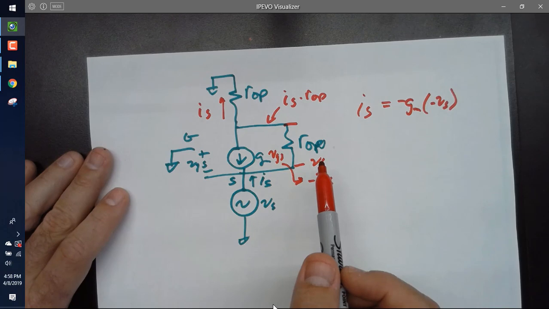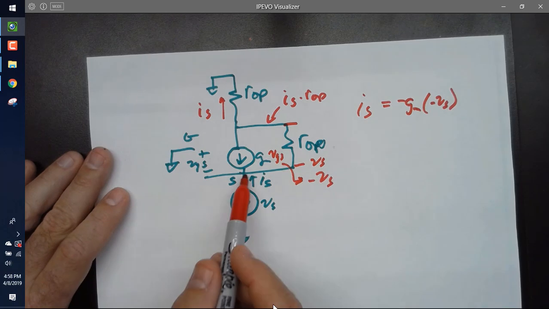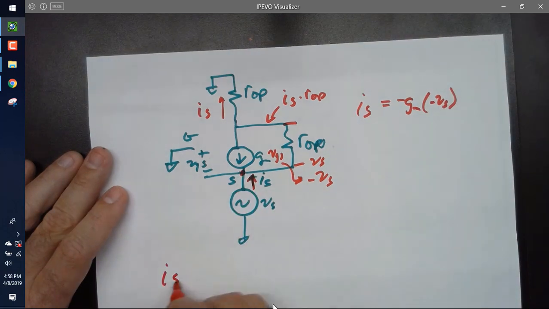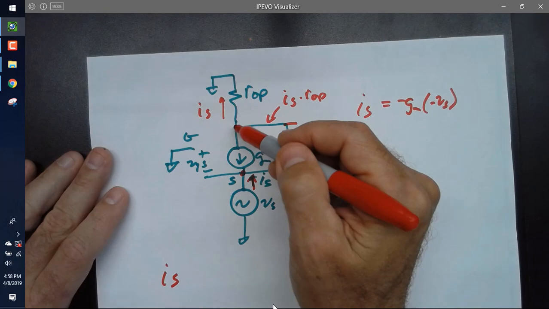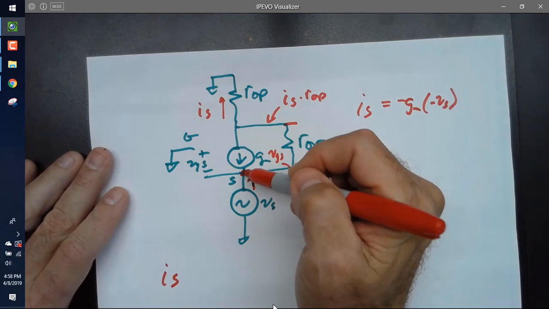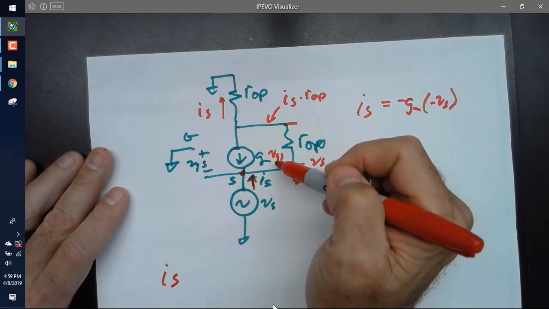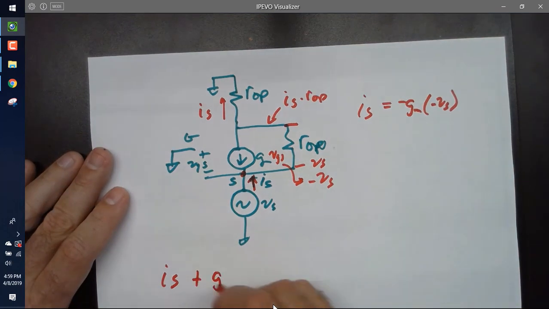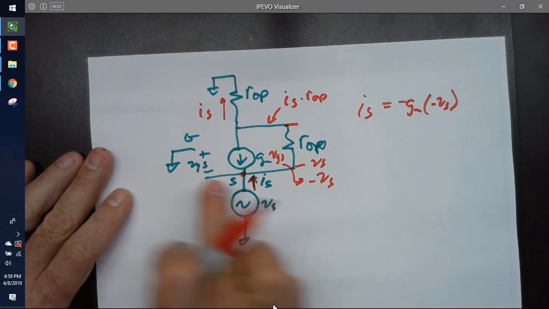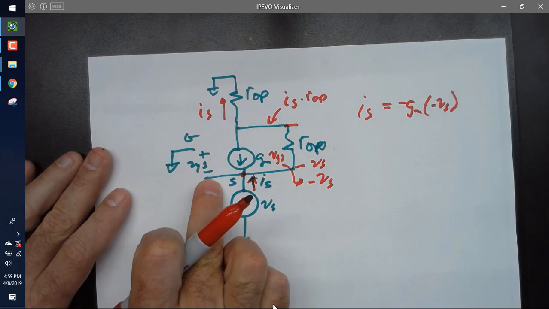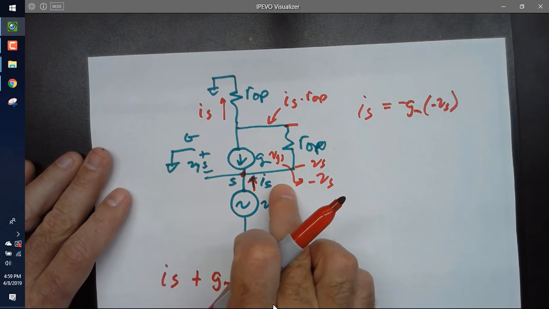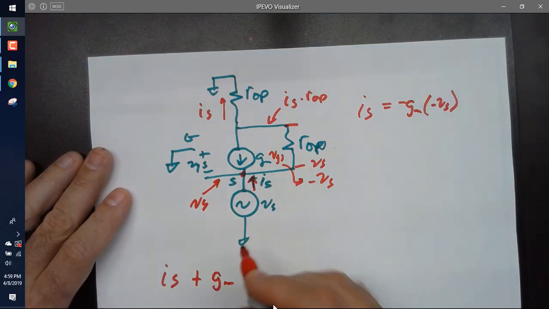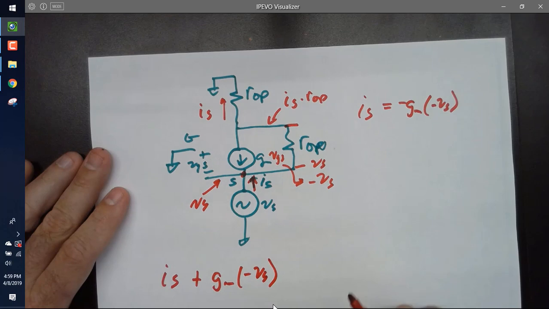Clayton. Okay, so let me do it again. Would you agree the current going into this node is IS? Would you agree that one of the currents going into this node is GM VGS? So I would write plus GM VGS, but isn't VGS the gate voltage minus the source voltage? That isn't the source voltage VS. So wouldn't that be minus VS?